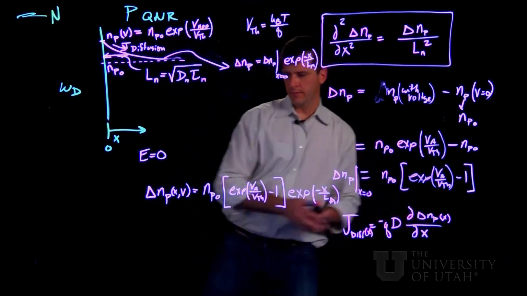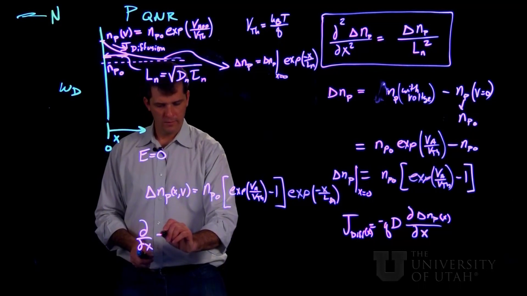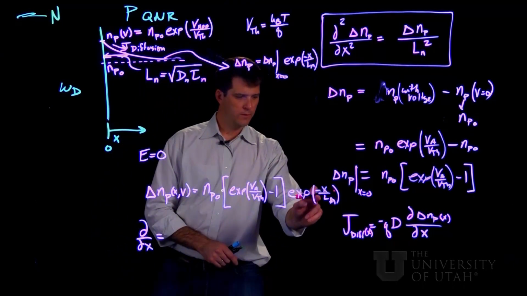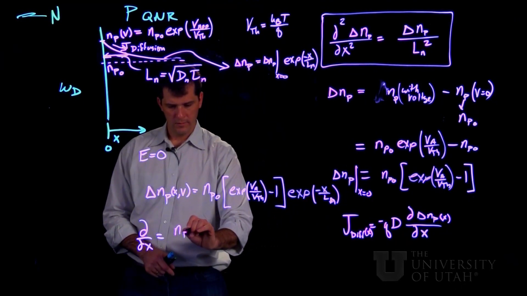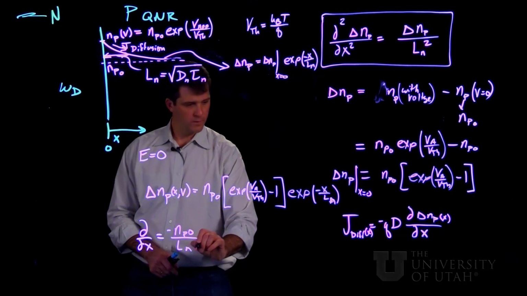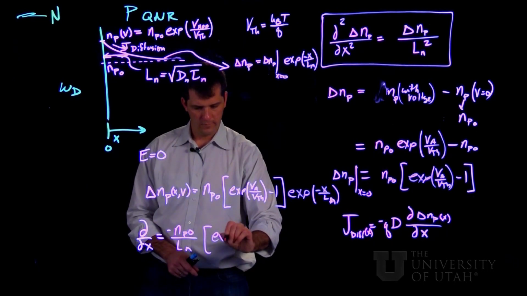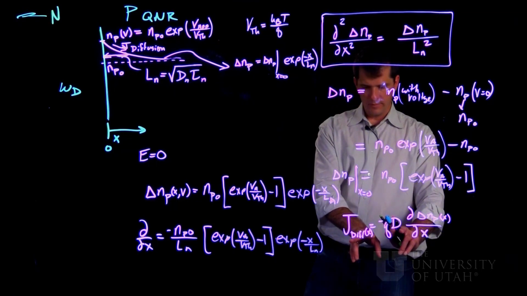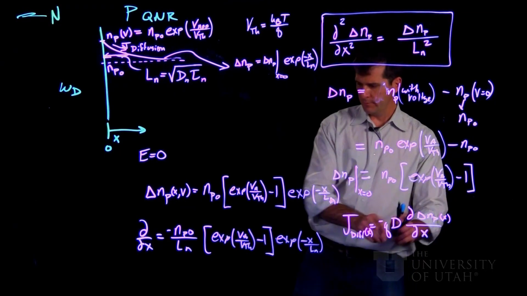Now we can take the derivative of it, d by dx, and everything here is constant, and what we're going to do is pull out a negative 1 over Ln. So n p naught over Ln, and then the same expression, same thing in brackets. So now we can calculate the current by simply multiplying by negative q times D times this.